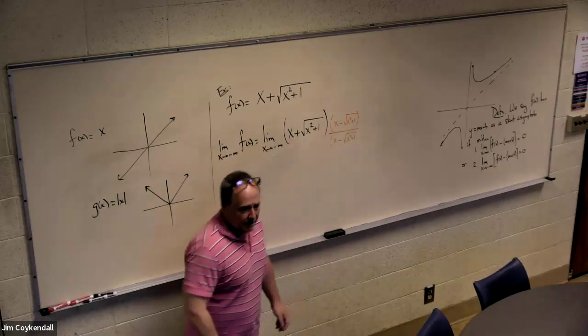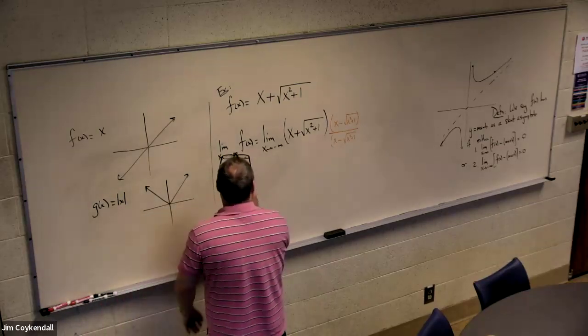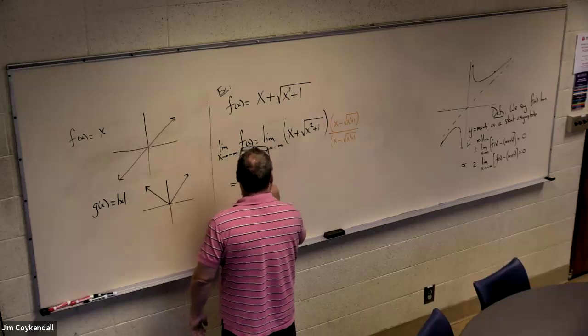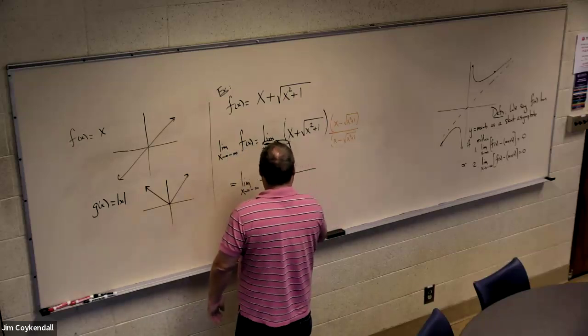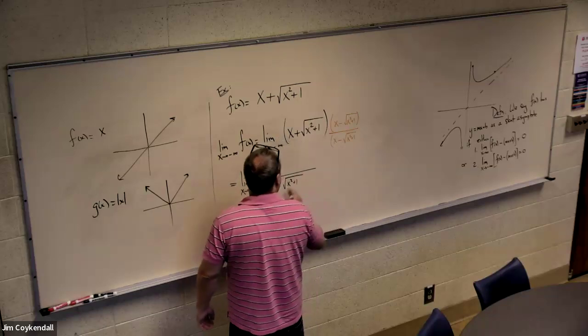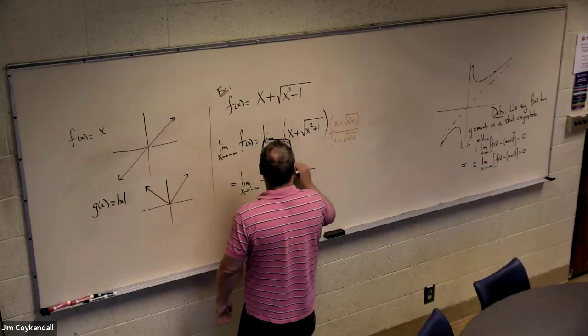So this is the limit as x goes to negative infinity of x minus the square root of x squared plus 1, and in the top, I get x squared minus x squared plus 1.